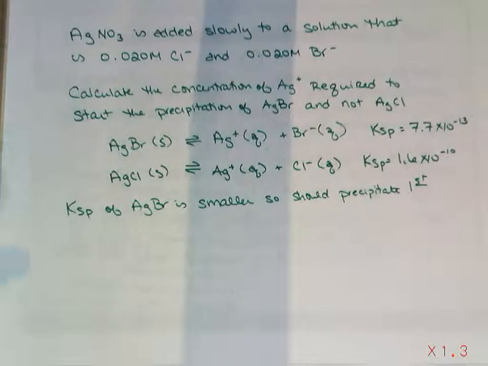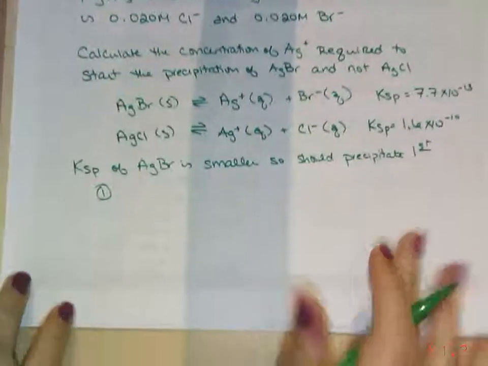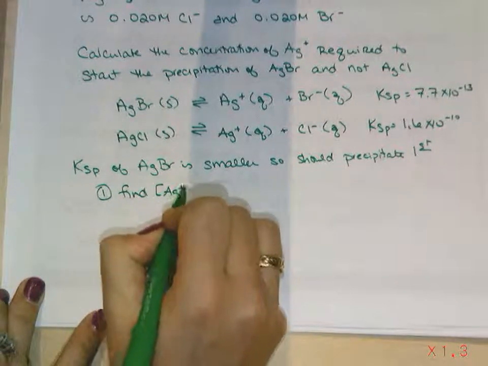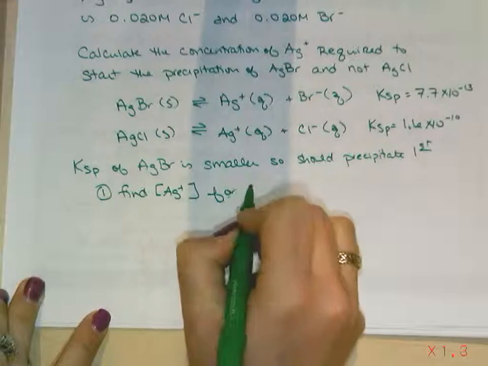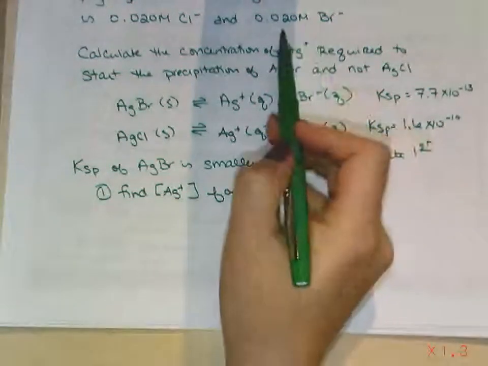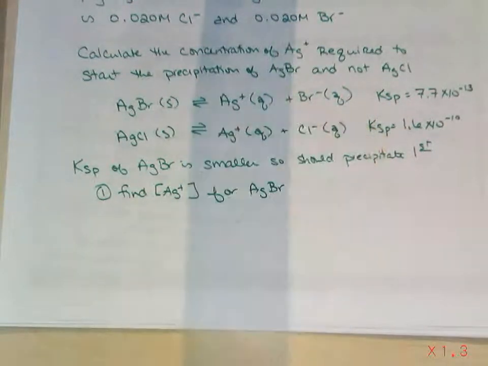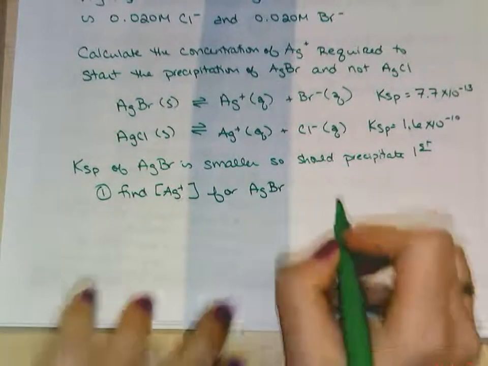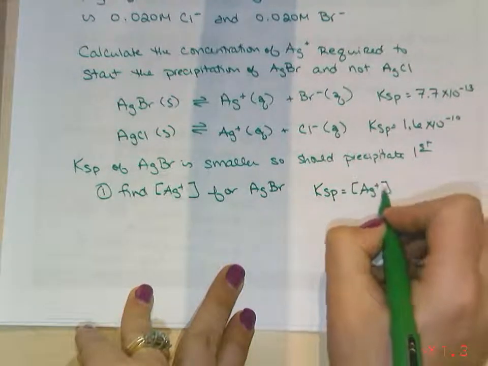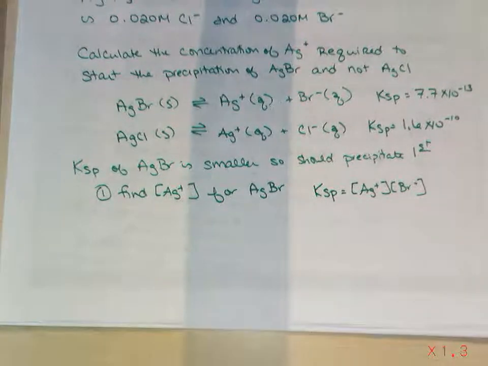So first thing we want to find is the silver concentration required to precipitate silver bromide, given we know the concentration of bromide. You don't even need an ice chart for this, right? Because we know KSP, and we were given the bromide.